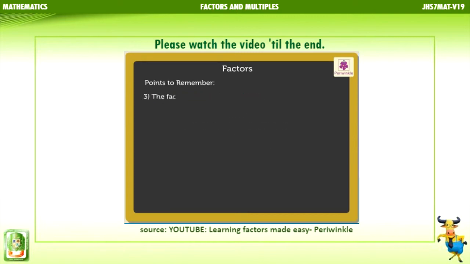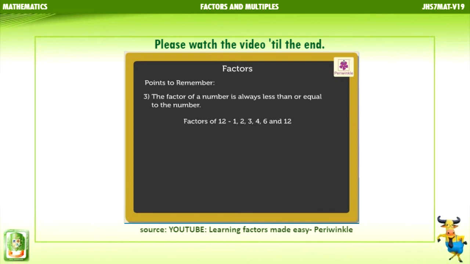Point 3. The factor of a number is always less than or equal to the number. Look at the factors of 12 which we found out earlier. They are 1, 2, 3, 4, 6, and 12.